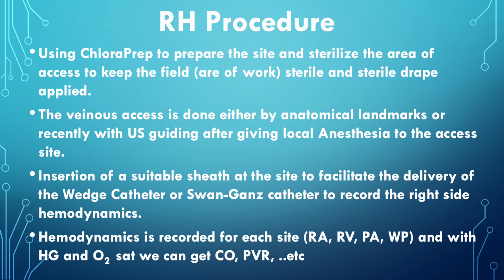Ultrasound-guided access is easy to do, with local anesthesia first to the site, with the insertion of a suitable sheath. After getting access with the wire, and the wire is there, we put a suitable sheath.